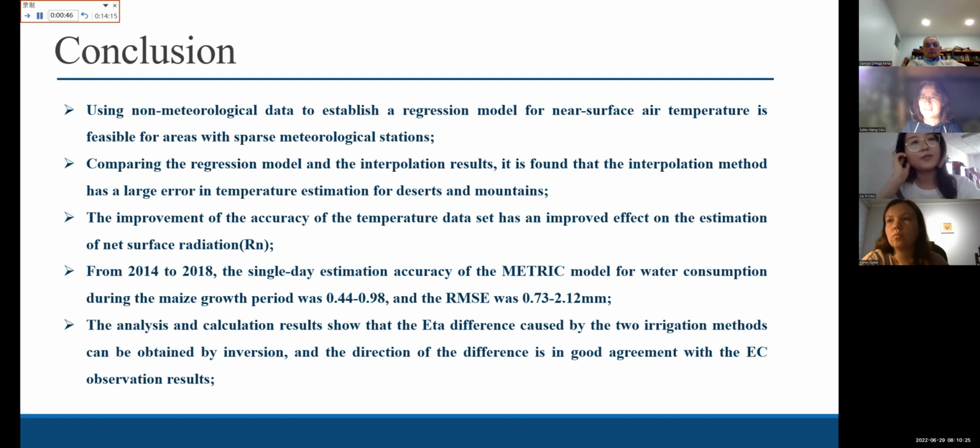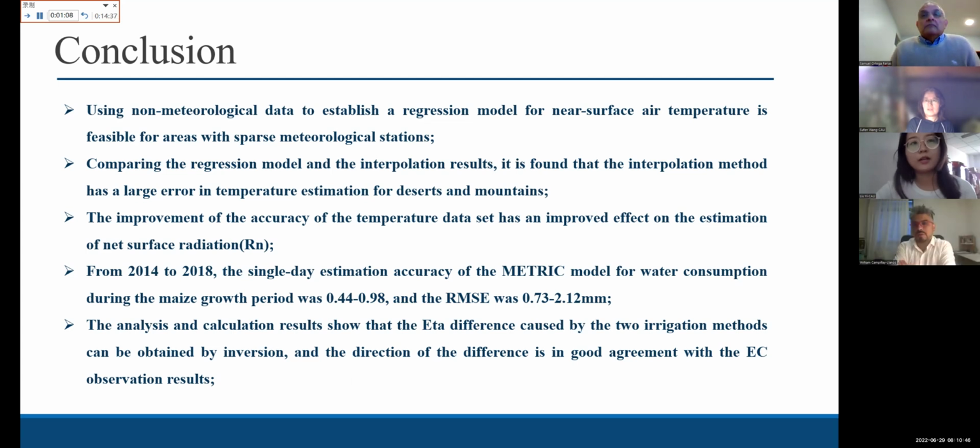For 2014 to 2018, the single-day estimation accuracy of the METRIC model for water consumption during the maize growth period was 0.44 to 0.98, and the analysis and calculation results show that the ETA difference caused by the two irrigation methods can be obtained by inversion, and the direction of difference is in good agreement with EC observation results.